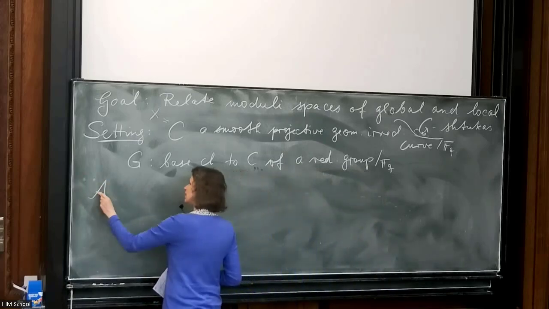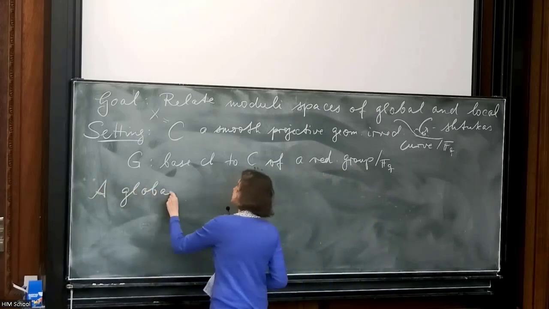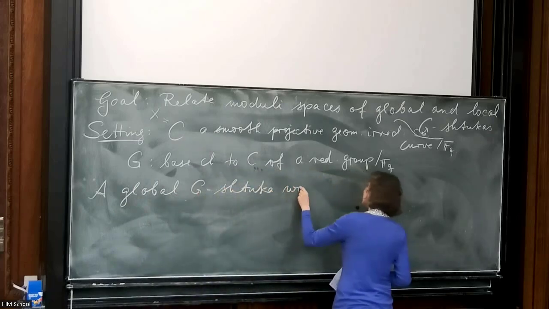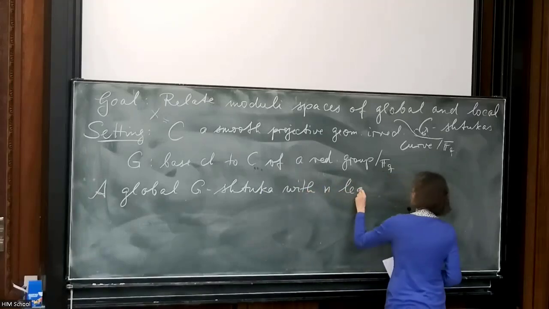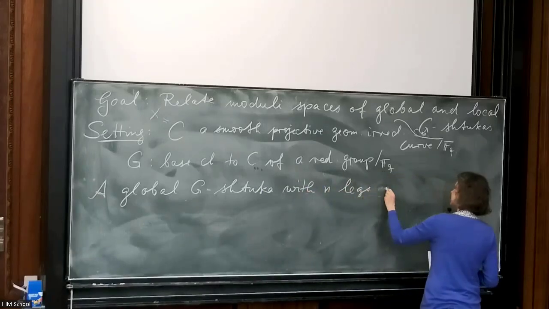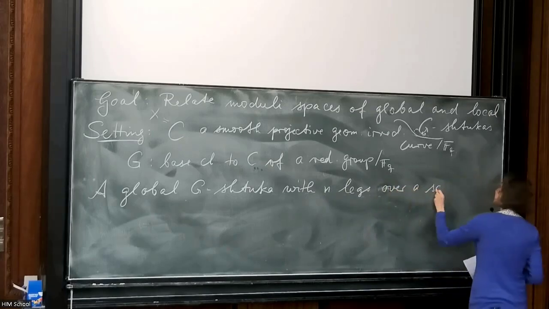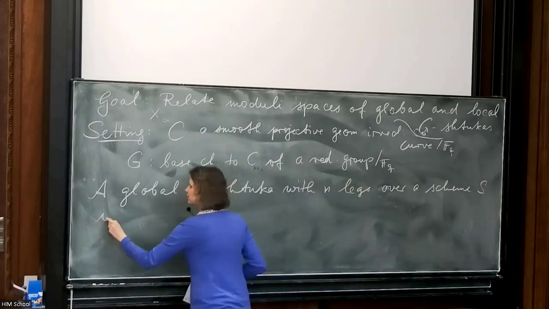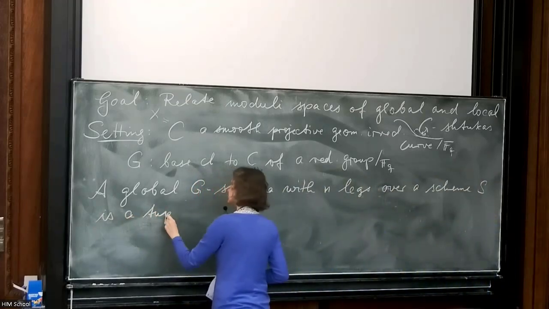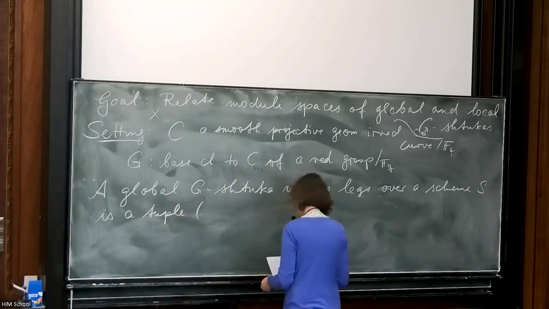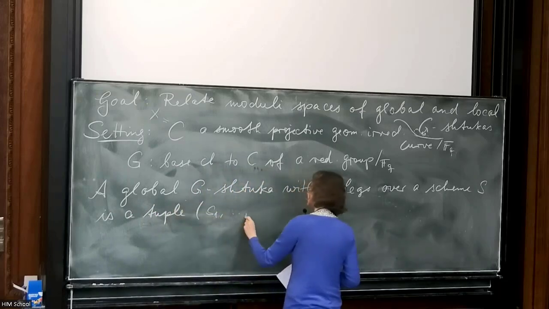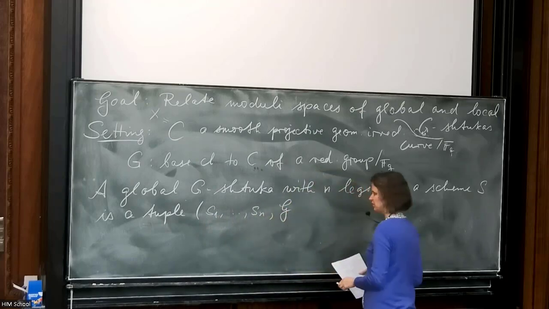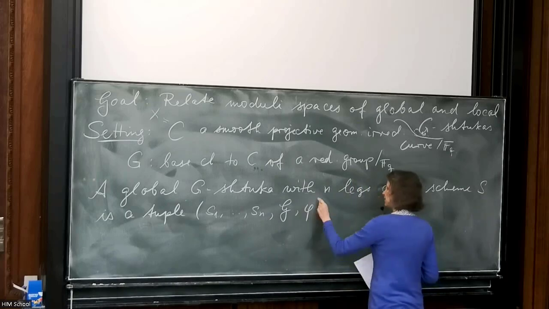So for me, a global G-Shtuka with n legs over a scheme S is a tuple: you have these n legs, s_1 to s_n, and then you have a G-torsor and a Frobenius map.